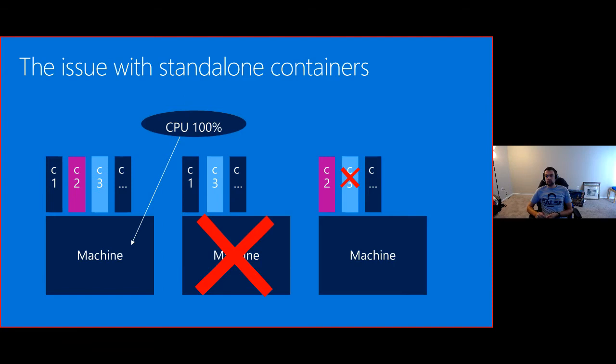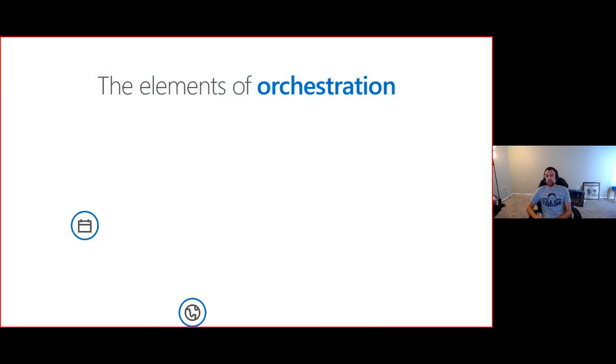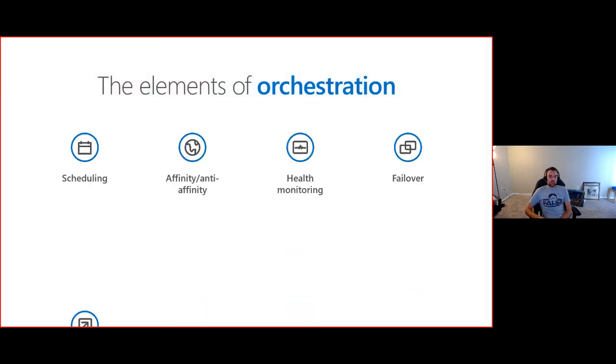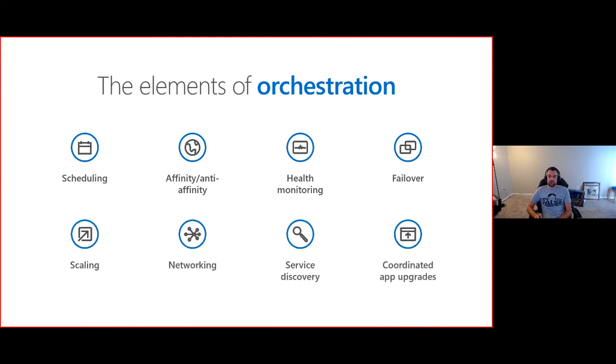And so what Kubernetes does, and where Kubernetes comes into the picture, is Kubernetes is what we call a container orchestrator. And an orchestrator does a number of things in the container world. And if we let the slide complete, you will see a number of things that a container orchestrator can help you with.